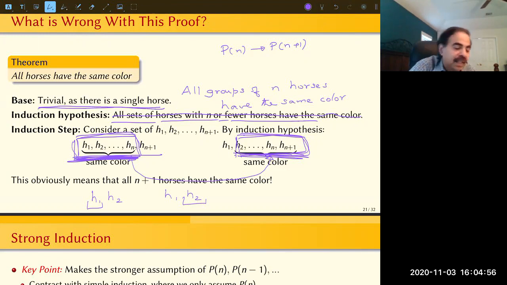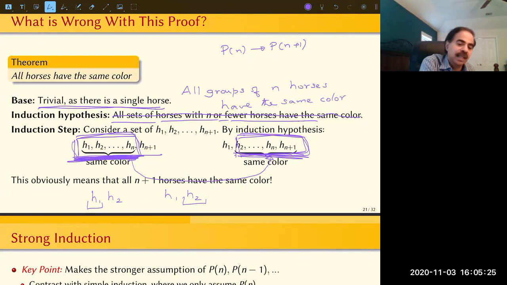So what I have done is, by using imprecise notation, I have made an inference that's incorrect. Just because I wrote H1 through Hn, I implicitly assumed that n is greater than 1, and that's not true.